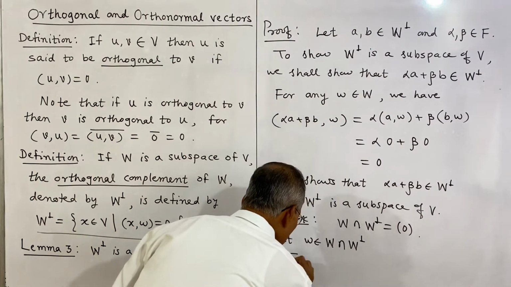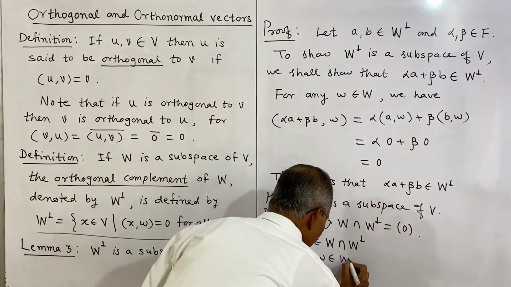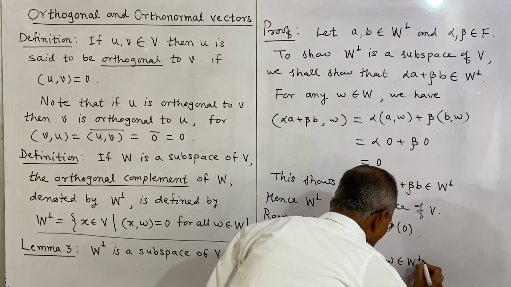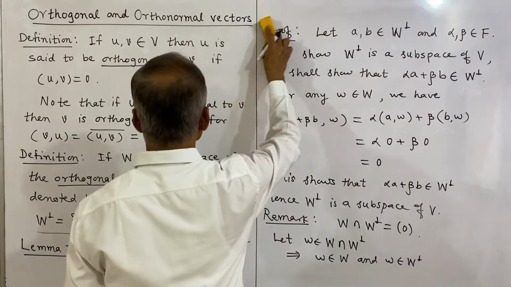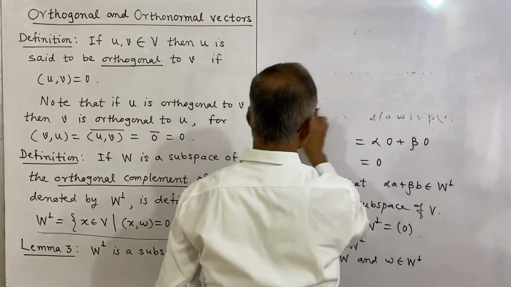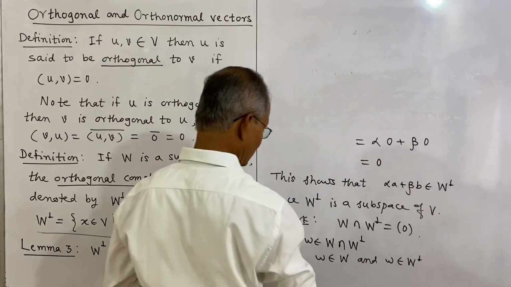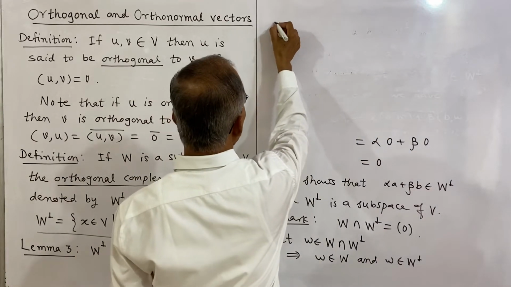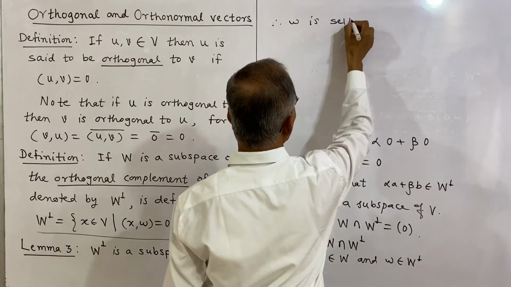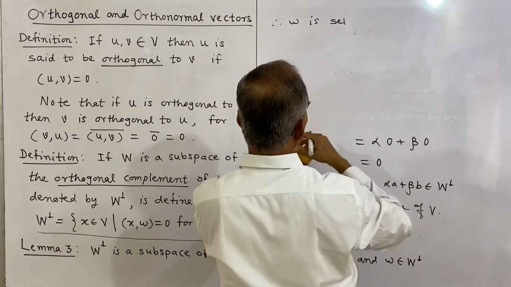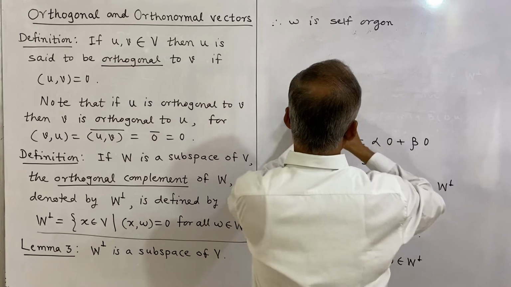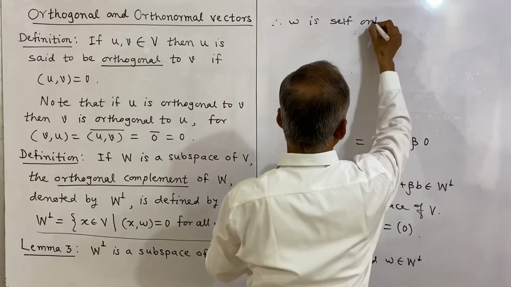So this implies w belongs to both, and therefore w is self orthogonal.